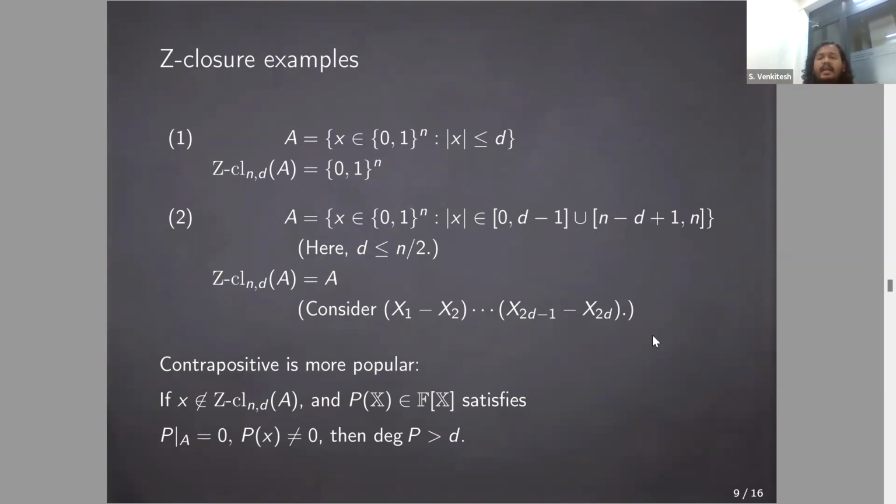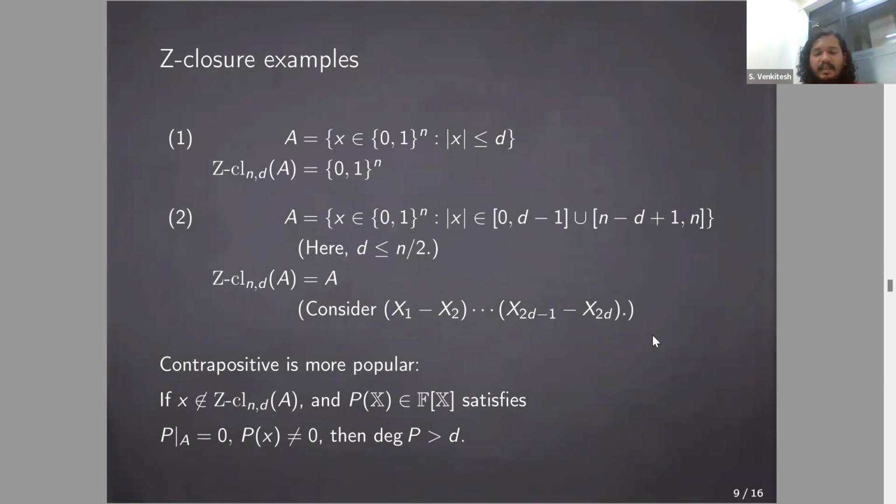Suppose you have a set A and you also know what the closure is. And now you have a point X that is definitely known to be not in the degree D closure of A. But you also have a polynomial P which vanishes on the set A but does not vanish at the point X.